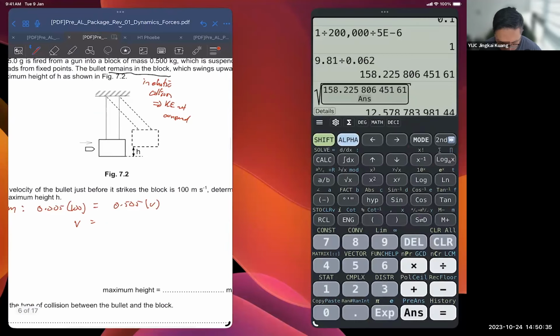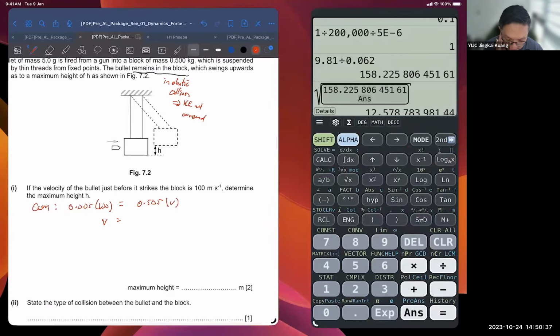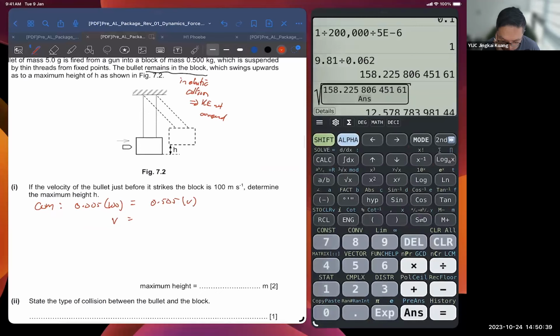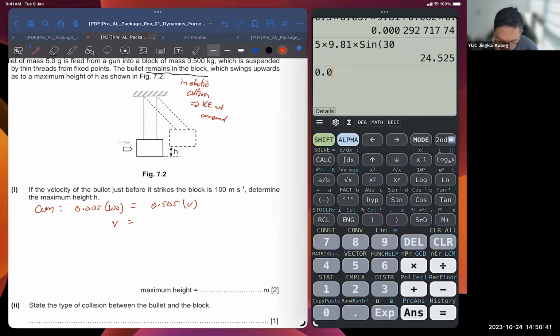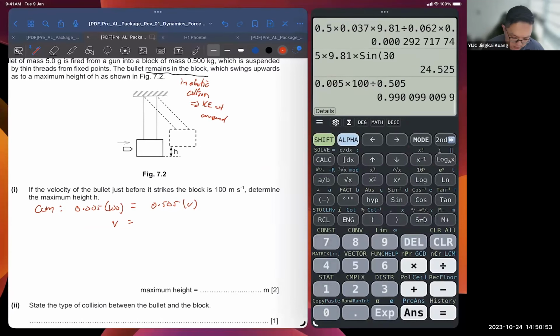Let's zoom in a bit first. So let's try: 0.005 times 100 divided by 0.505. So this is 0.990 meters per second.